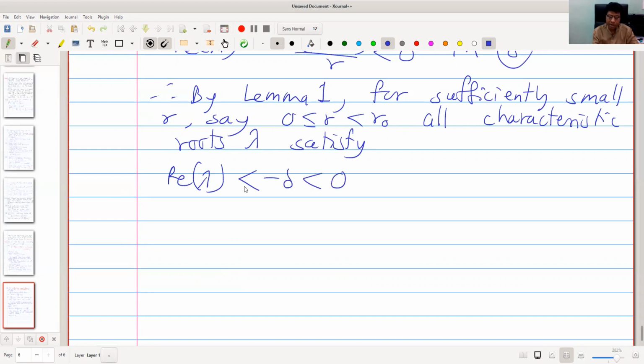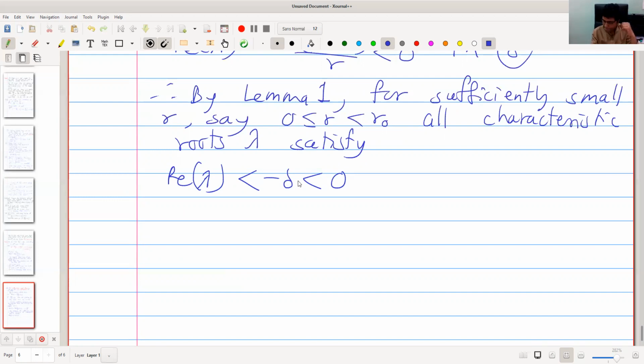Okay, the real part of lambda is negative for all such characteristic roots for sufficiently small r, means there is such a number in between. So we can always find such a number. What we have to do is find the supremum of the real part of lambda. It will be negative.